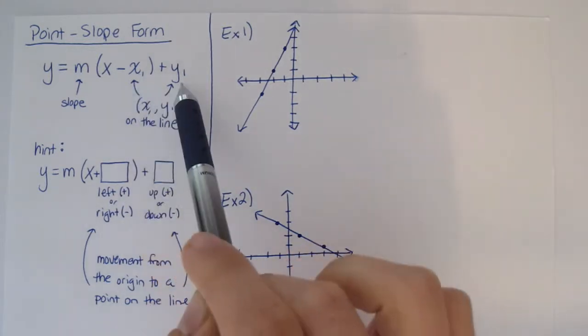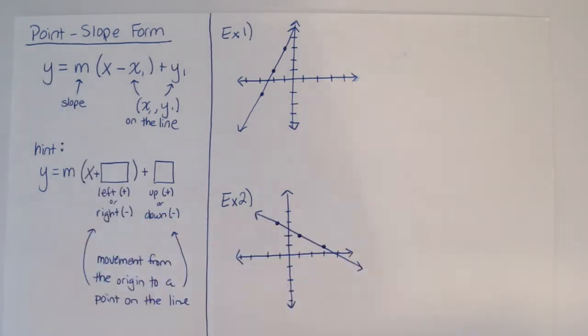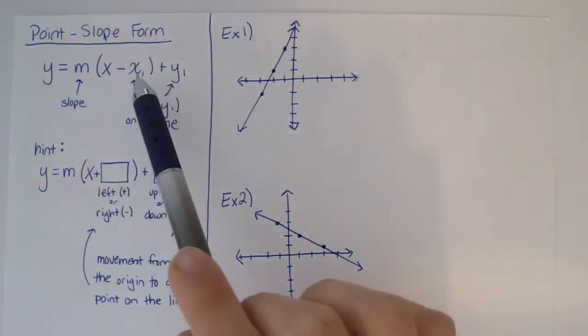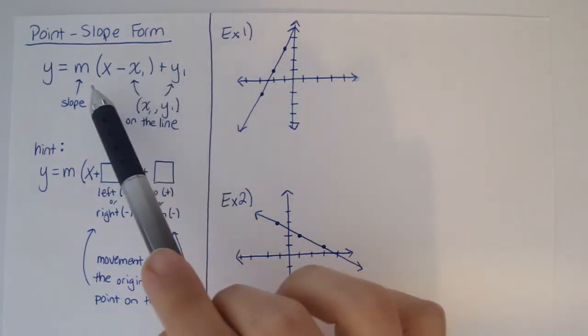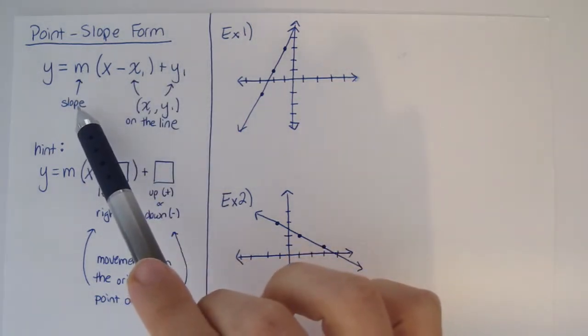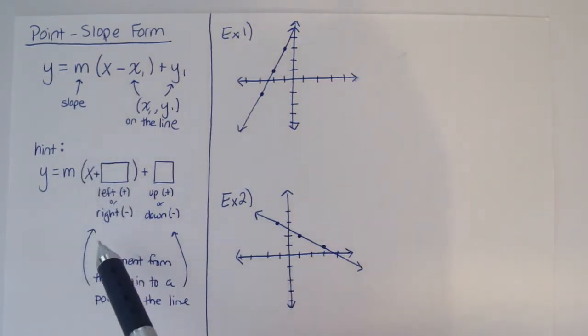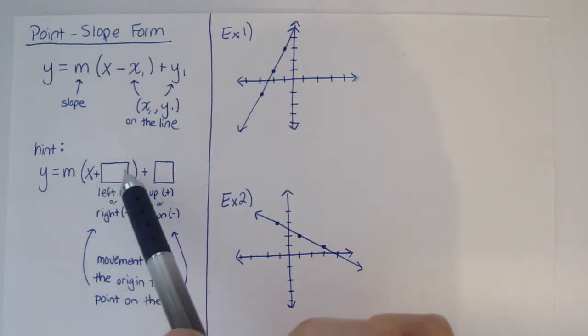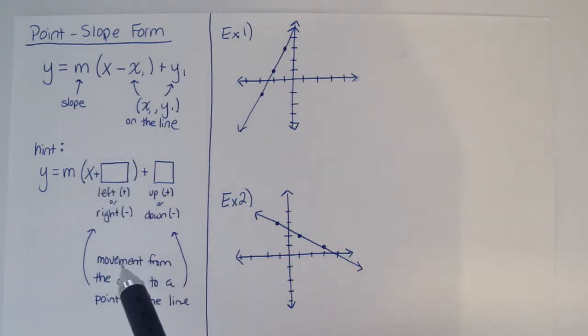Now we use these ones here so that we don't get them confused between this x and this y. My hint to you is that these numbers tell us where to put our point, and then m tells us the slope. So we've got y equals m parentheses x, and then usually a number with the x inside parentheses.